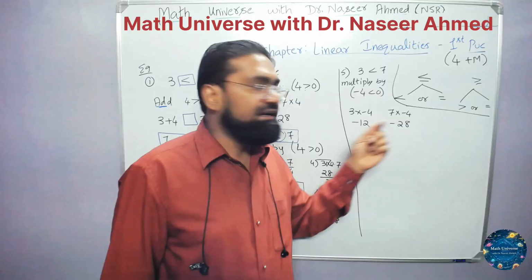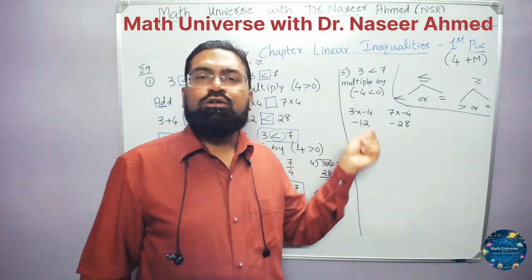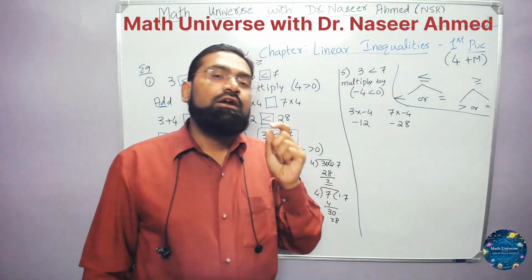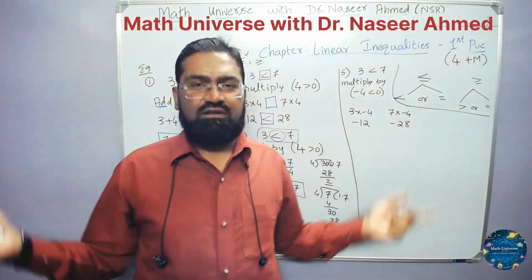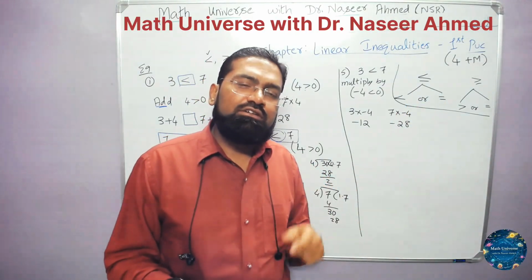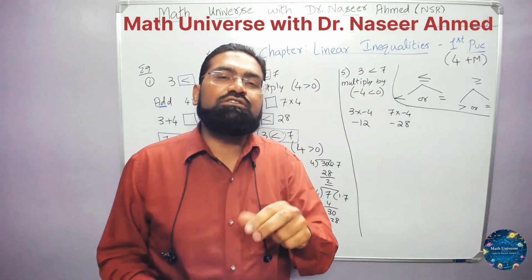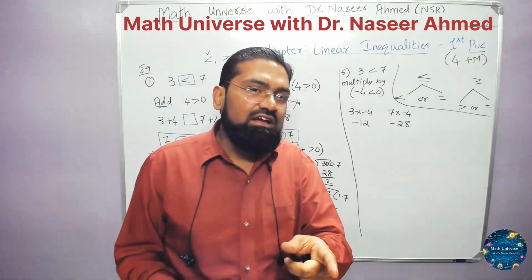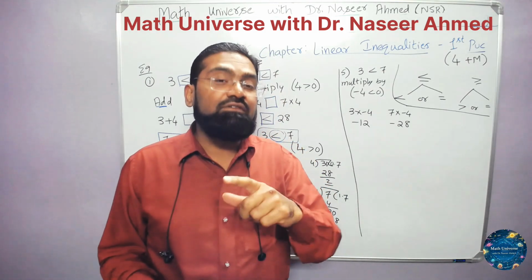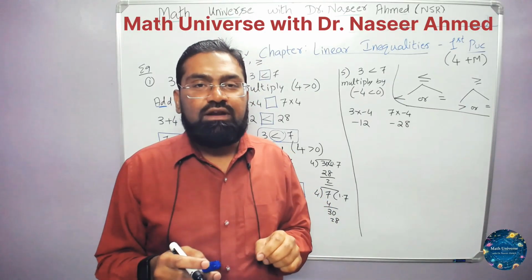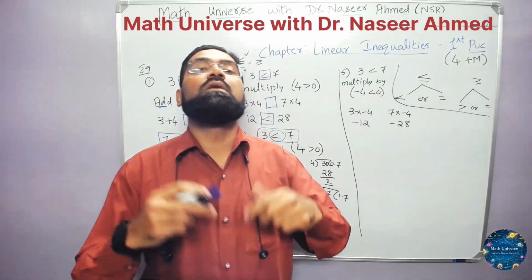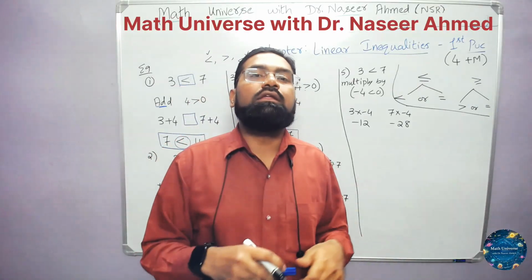Comparing 28 and 12, 28 is larger. So take an amount larger than 28. Don't take a very big number. Try to take a small, easy number so that the calculation is easy for you. When a choice is given, try to use it to the maximum benefit. Don't take a big number and then have to calculate again.